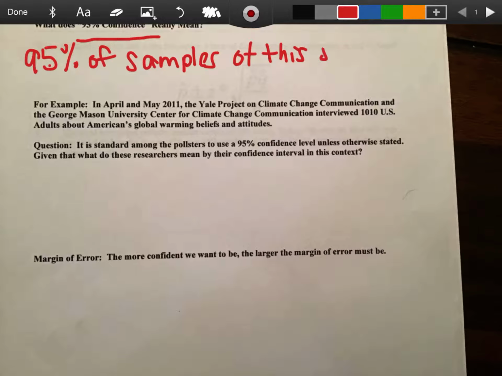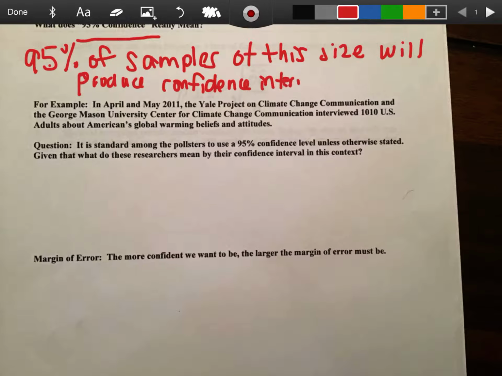Now, if you change the sample size, your numbers change. Will produce confidence intervals that capture the true proportion.